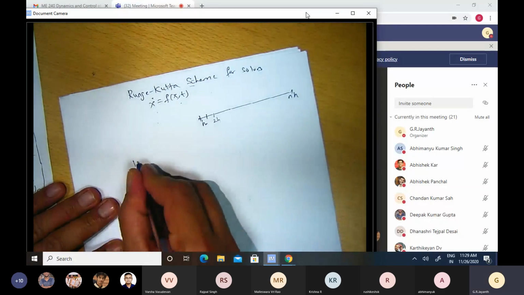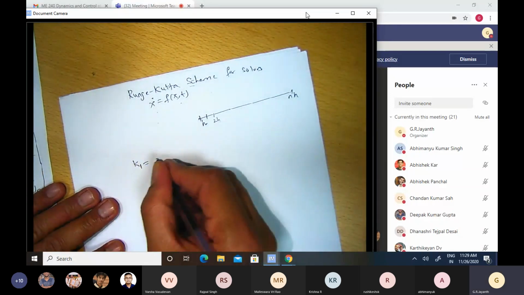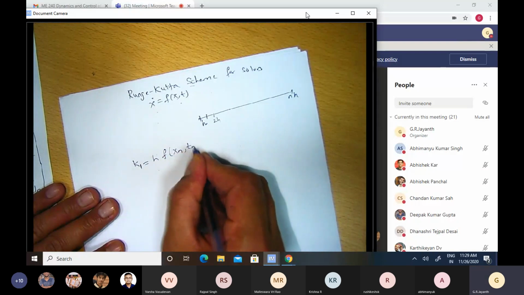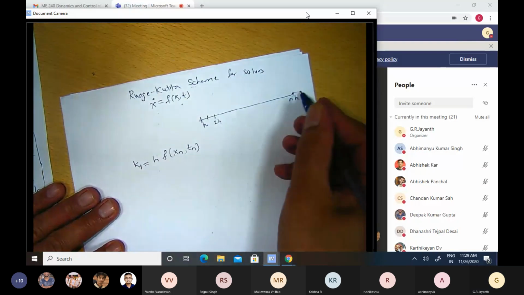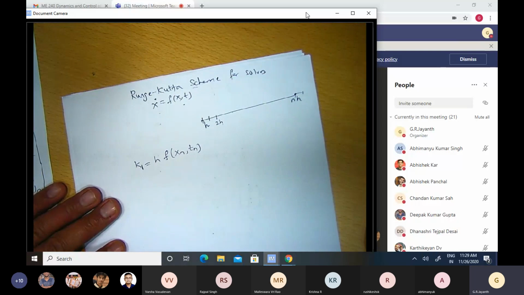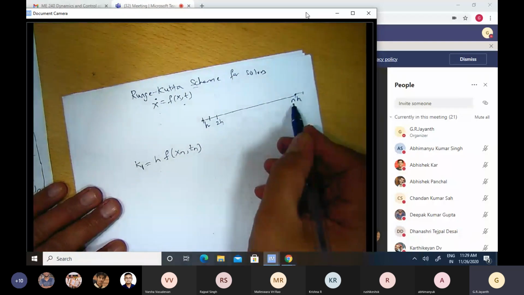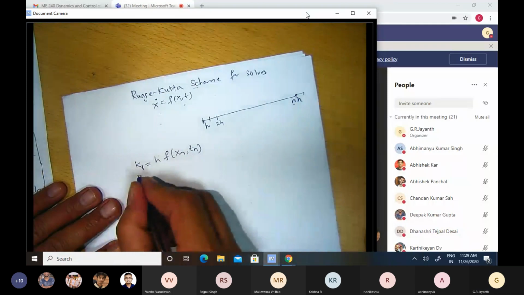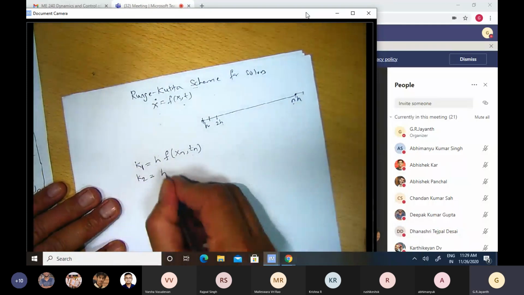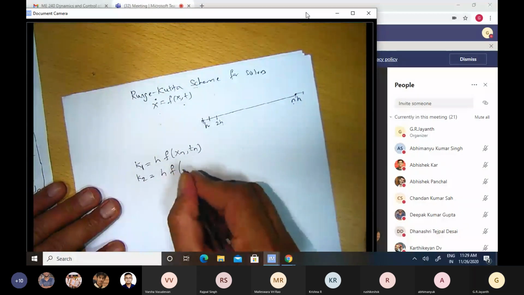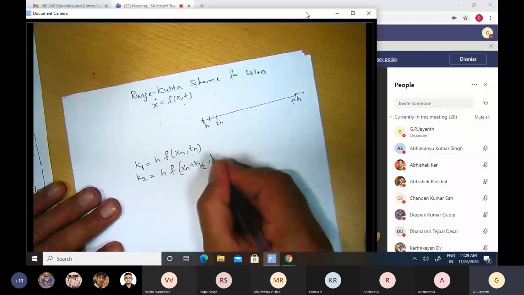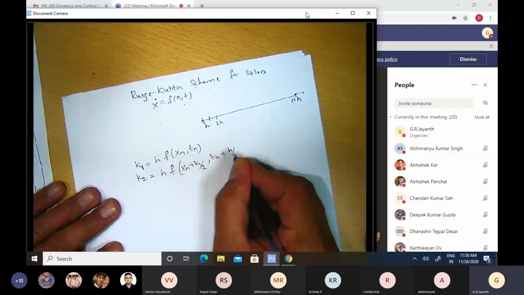You first compute these terms. K1 is equal to h times f of xn, tn. So to compute the n plus 1th solution at the n plus 1th time, given the solution at the nth time, this is how you do it. Compute this, then K2 is equal to h times f of xn plus k1 by 2, tn plus h by 2.